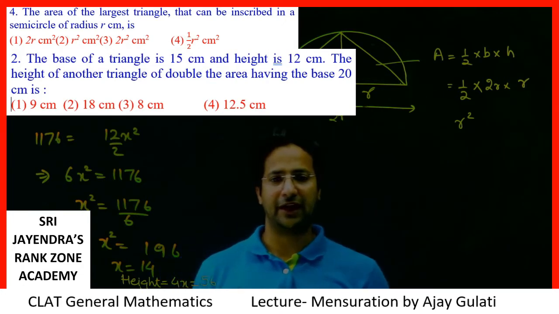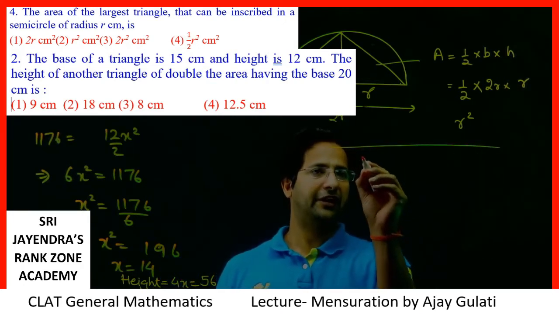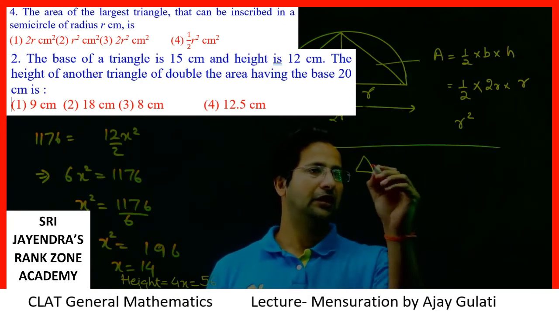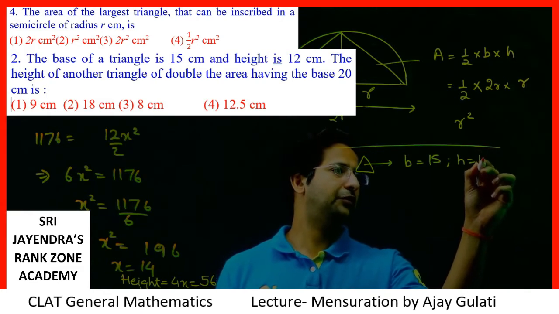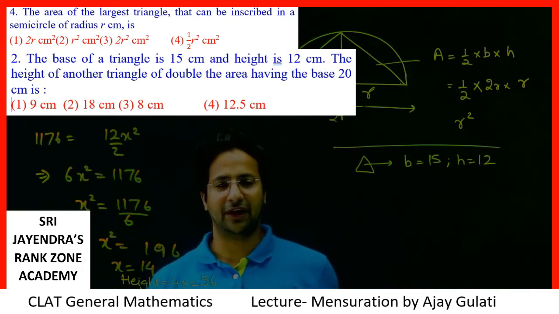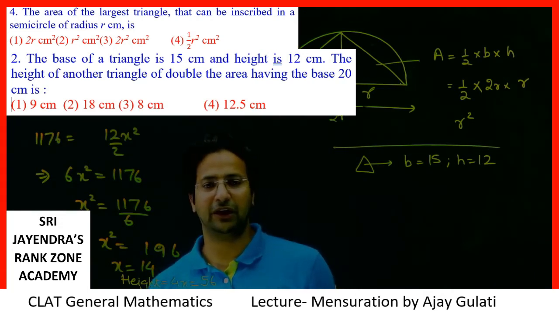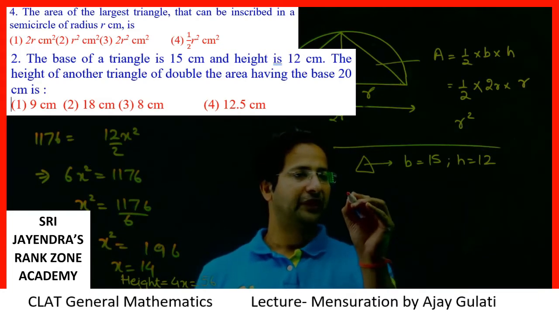The base of a triangle is 15 centimeter and its height is 12 centimeter. We are given a triangle. Okay. Its base is 15 and height is equal to 12. The height of another triangle of double the area having the base 20 centimeter is. First of all, let's find its area. Its area will be what?